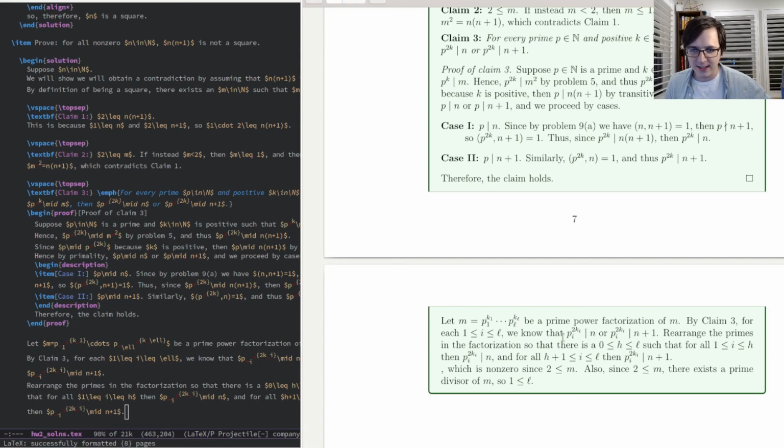If we rearrange the primes in this factorization, then we can do so that there's some cutoff point h, such that when i is from 1 through h inclusive, so h is allowed to be 0 in case this never happens, then p_i to the 2k_i divides n, and also for all i above this cutoff point, h plus 1 through L, and this is also why h is allowed to be L, so that this might be empty, or there are no i's, then it divides n plus 1.